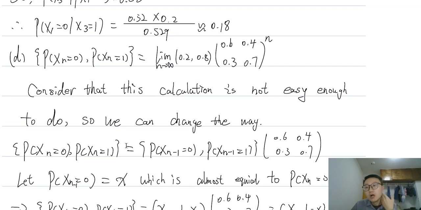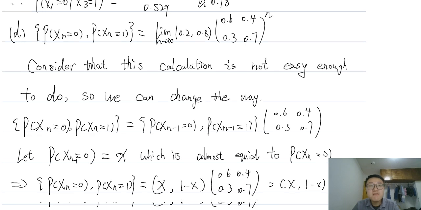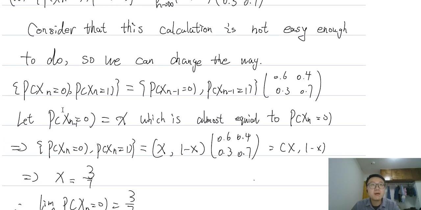This calculation is not easy enough to do directly, so we can change it this way. We can get the probability that xn equals 0 or 1 from the probability of xn minus 1, right? Consider that n goes to infinity. So the probability that xn minus 1 equals 0 is almost equal to the probability that xn equals 0.